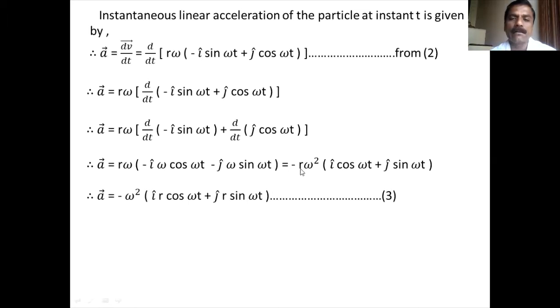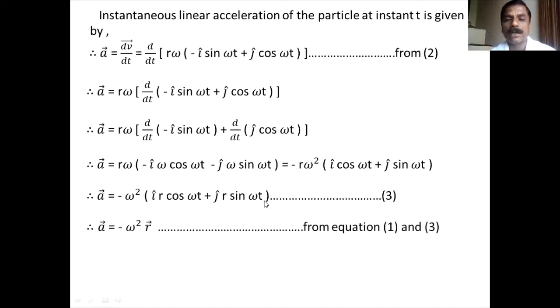So r will get multiplied for this factor and for this factor also. So you will find minus omega square, i cap r cos omega t plus j cap r sine omega t. And as we know, this bracket can be replaced with the position vector that is already provided in equation number 1.